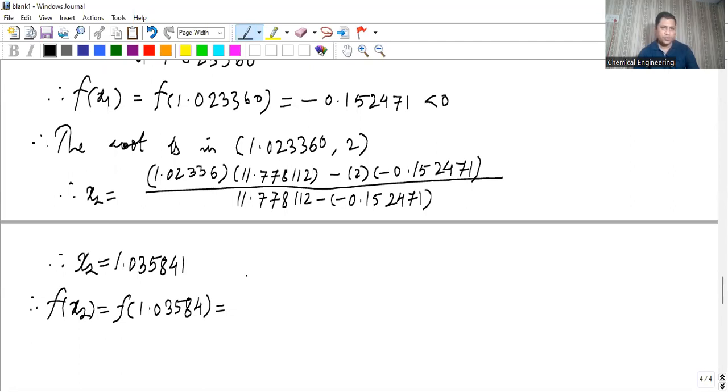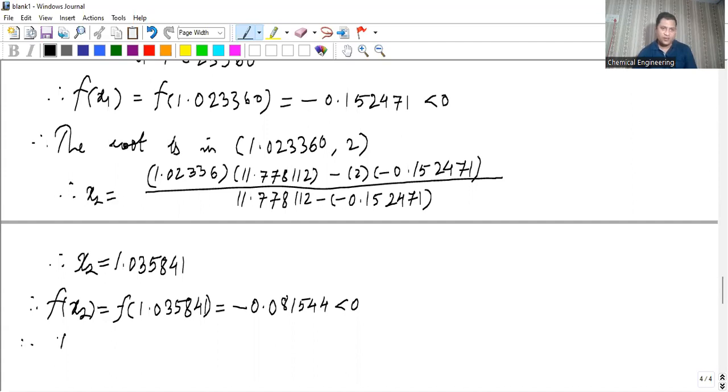Okay, so let's calculate, and we can get this value as minus 0.081544. Are you getting this value? If you are getting anything different than this, then you can tell me. Otherwise we can go ahead.